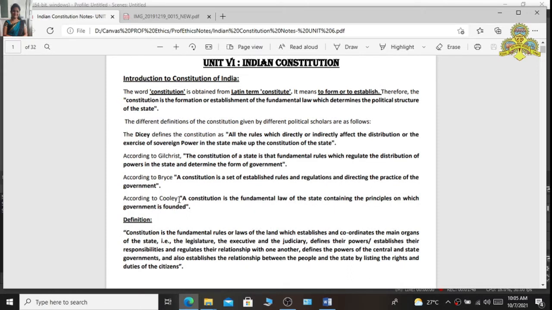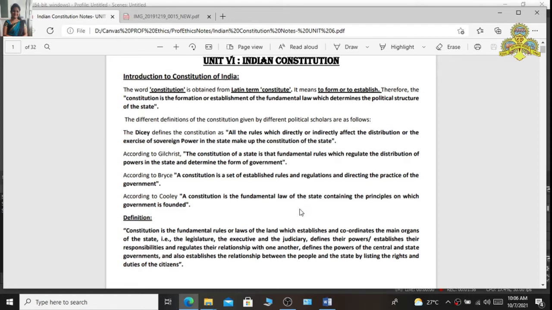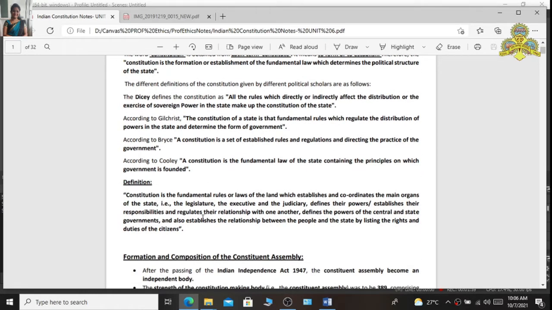According to Cooley, a constitution is the fundamental law of the state containing the principles on which the government is founded. Here we can see the overall definition: the constitution contains fundamental rules or the laws of the land which establish and coordinate the main organs of the state, such as legislature, executive and judiciary.